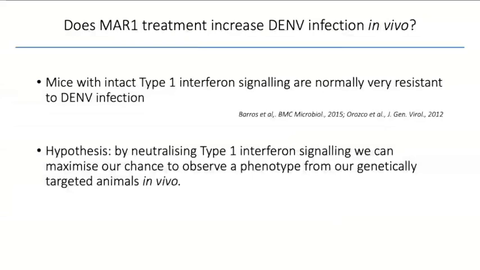And this relates to that hypersensitivity to murine type 1 interferon that I described in the first part of my talk. So I hypothesized that MAR1 treatment of our genetically targeted mouse strains would give us the best chance to observe any possible phenotypes related to signaling dysregulation driven by dengue virus infection.